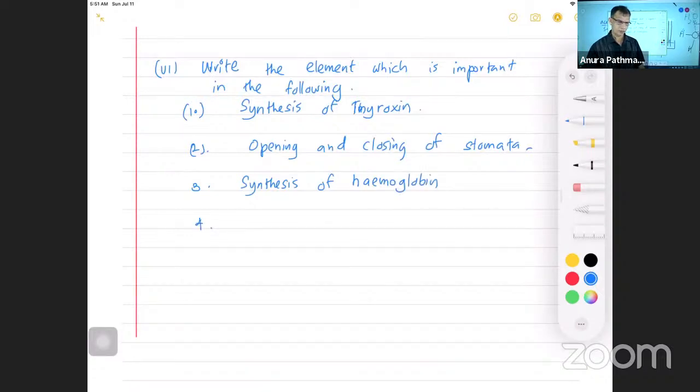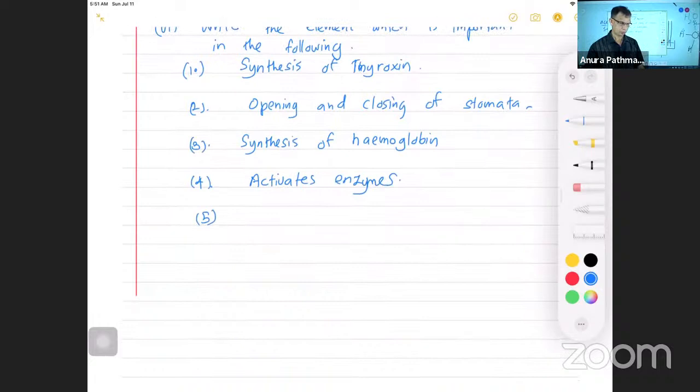Fourth one, activates enzymes. And 5, to maintain constant osmotic pressure in cells.